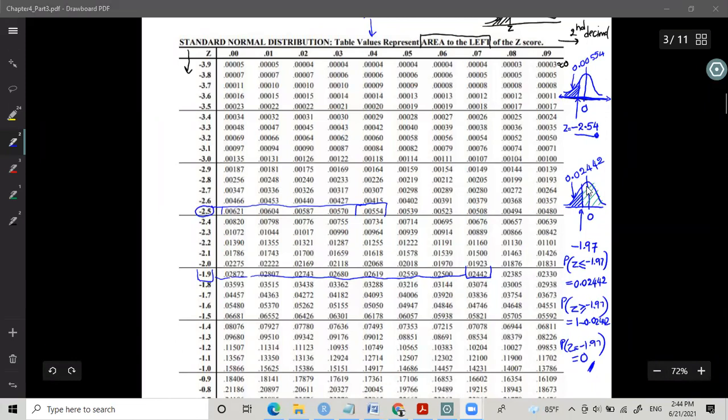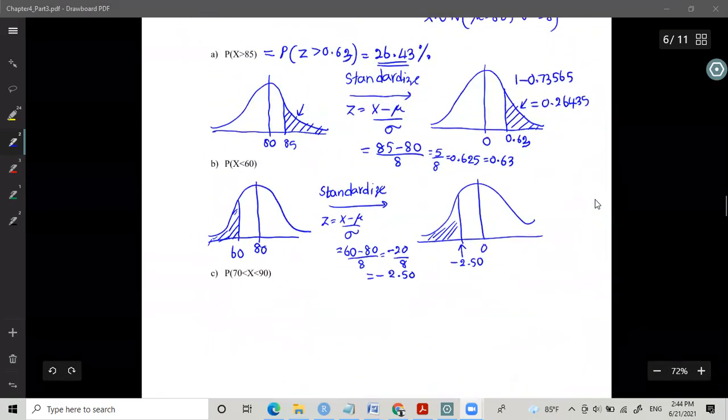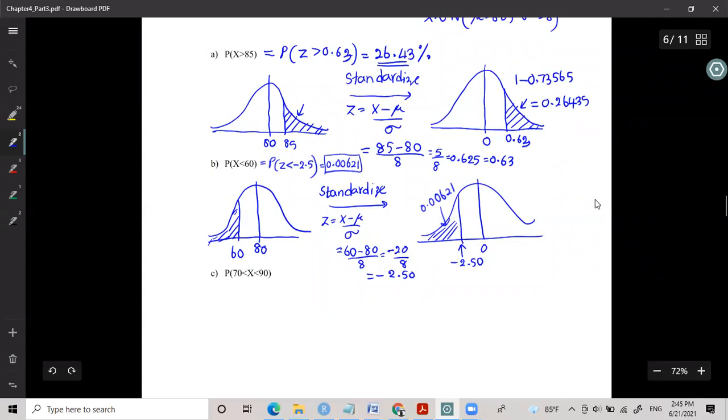You can see that negative 2.5 is here, 0.00621. So if you want, you can write this as P(Z less than negative 2.5), and the answer is 0.00621. Is this clear to all of you?